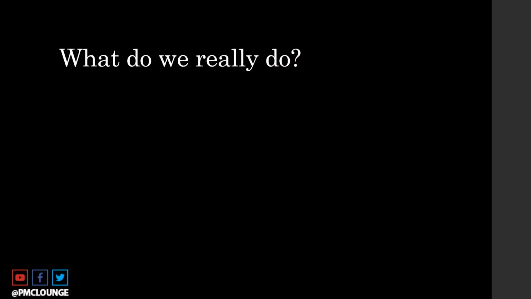So what do we really do in this process? First thing is we check out all the activities in the activity list. This activity list, by the way, comes from the define activities process. So I'll share a link to the entire playlist of schedule management knowledge area in the description below, so you can check out the define activities process and the output of that process.